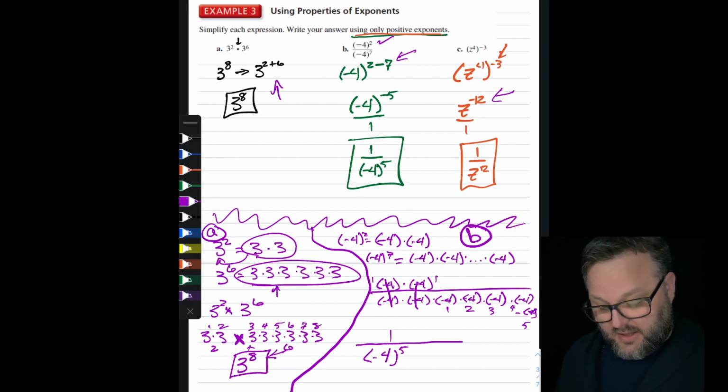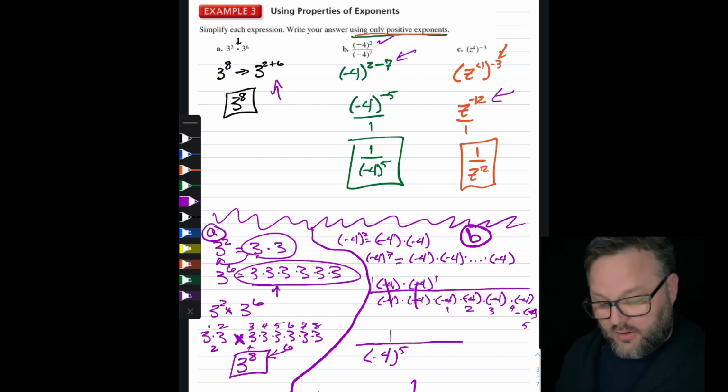C is saying that we have z to the 4th a -3 times. Well, I could go ahead and say that's the same thing automatically of z to the 4th to the -3. Well, I got to remember that means it's 1 over z to the 4th times z to the 4th times z to the 4th.